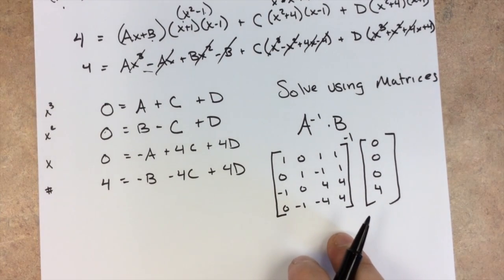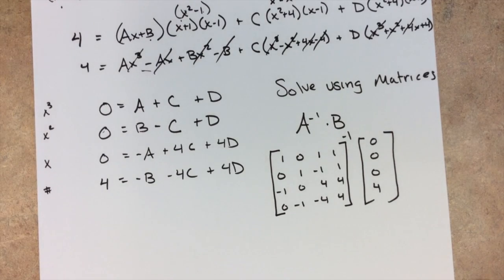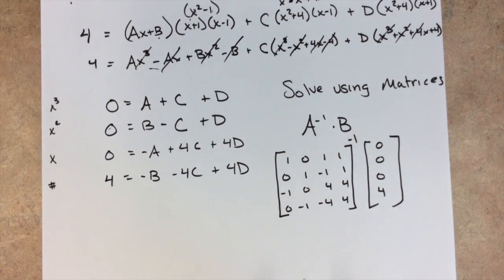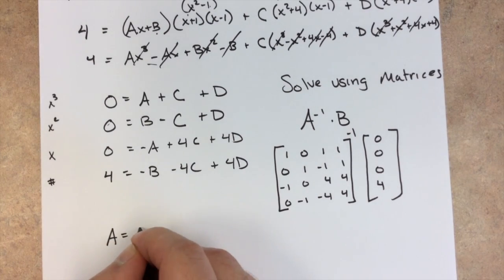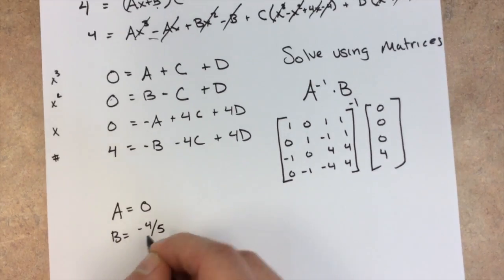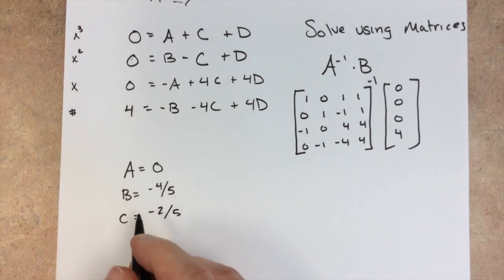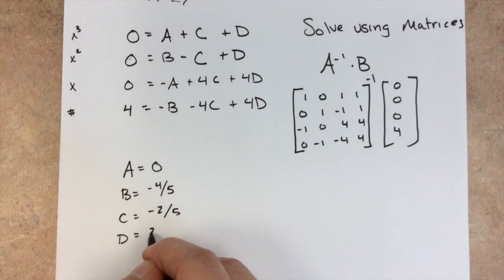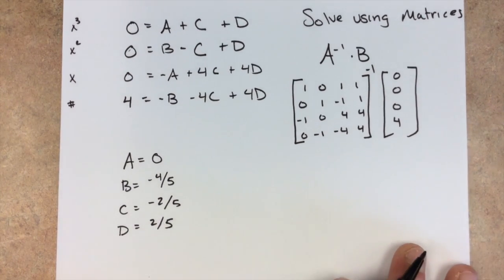So typing this into our calculator, I'm assuming that you know how to do that. If not, you can ask me for help. Once you type this in, we get a solution set that says a equals 0, b equals negative 4 fifths, c equals negative 2 fifths, and d equals 2 fifths. So to finish this off, we're going to write all of those in there.